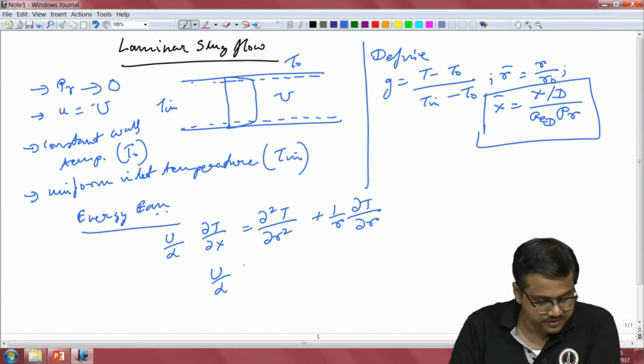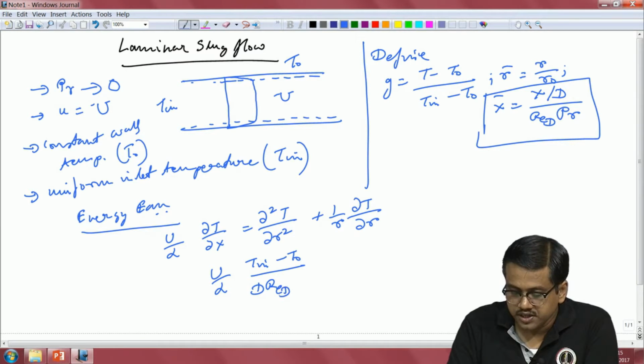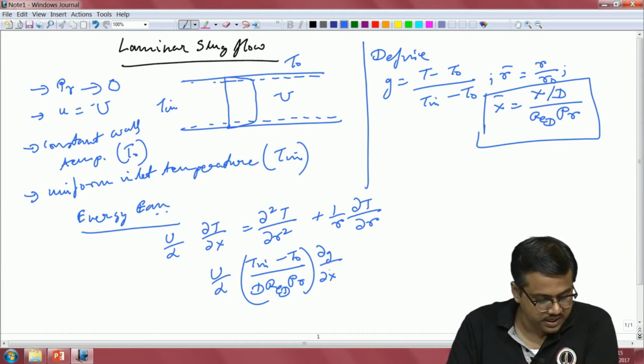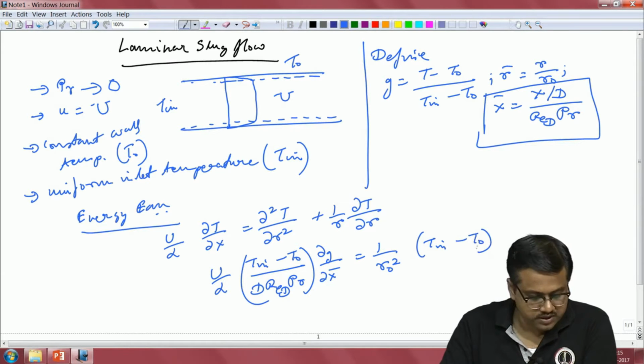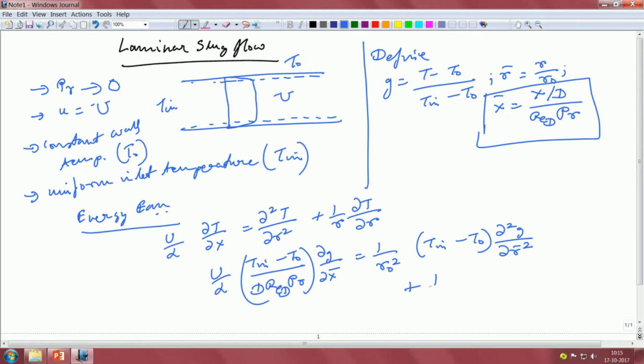So u by alpha times (T in minus T naught) divided by D Re Pr, dg by dx bar, 1 by r naught square, after substitution. So let's move to the next one.